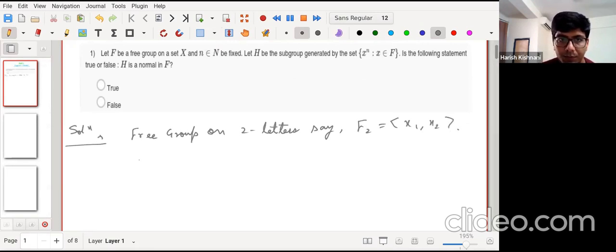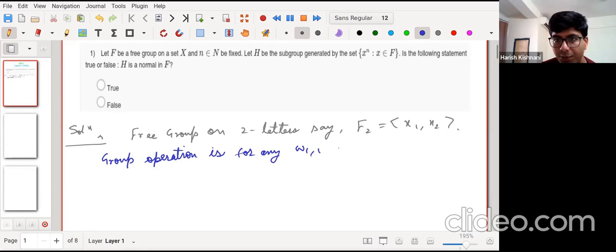The group operation is just adjoining. For any W1, W2 in F2, what W1 star W2 is, it's just adjoining. You write W1 and W2 simultaneously.